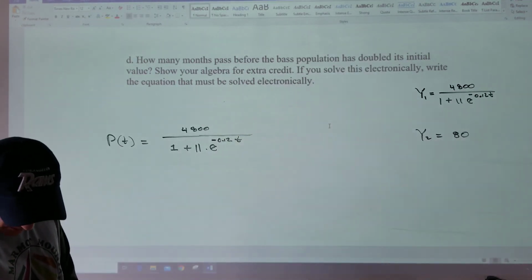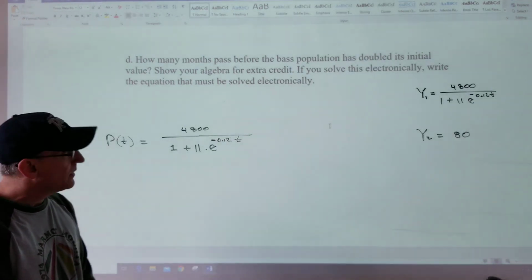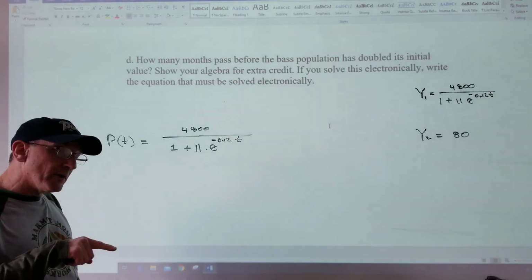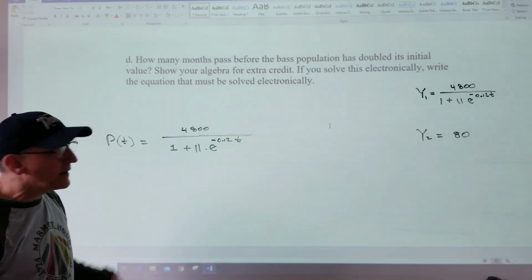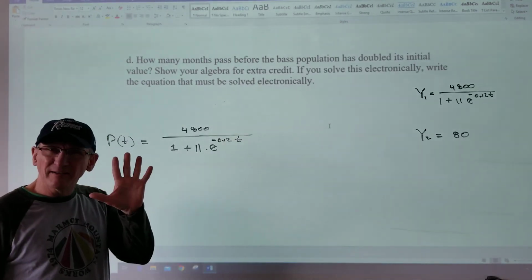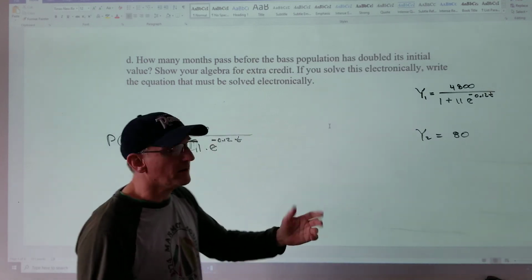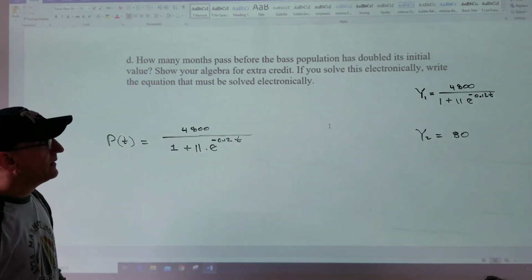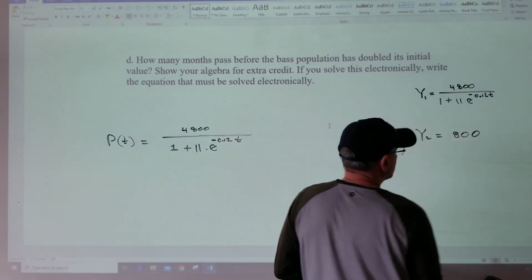A TI-84 in the top row has 5 buttons. The 4th button is trace, and behind the trace button is a little blue word that says calc. Access it using the 2nd button first. So 2nd and then trace, and you'll have a list of things that can be done on the graph. I think number 5 says intersect. If you were to intersect these two, you would answer the question of when the population of bass gets to 800.